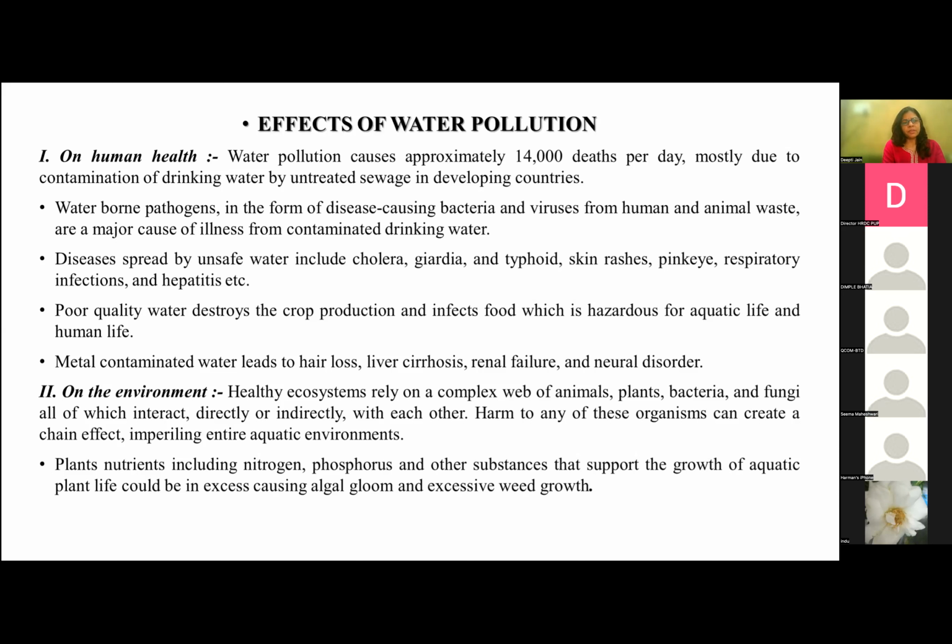Poor quality water destroys crop production and infects food, which is hazardous for aquatic life and human life also. Because of this contaminated water, many aquatic animals become extinct, and many of the herbs which grow in water become extinct because of these contaminants.